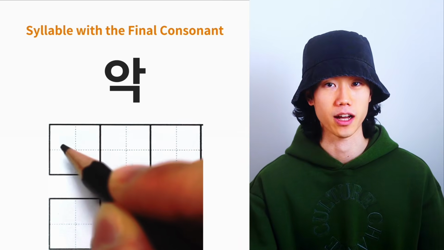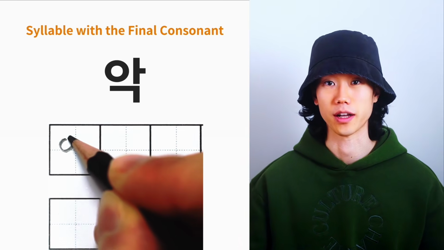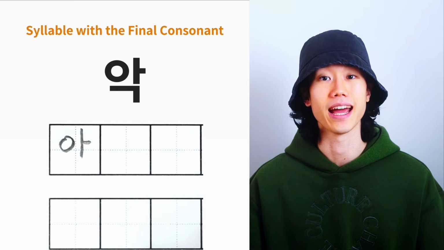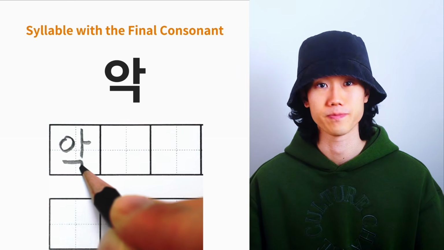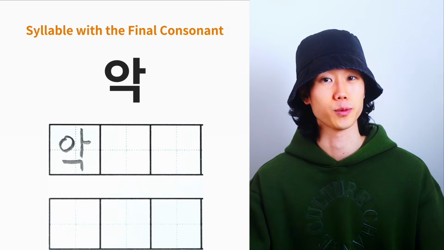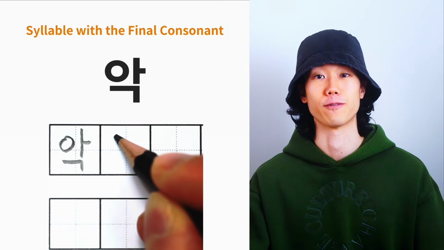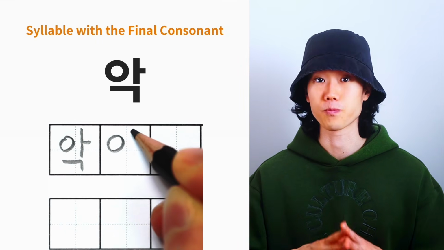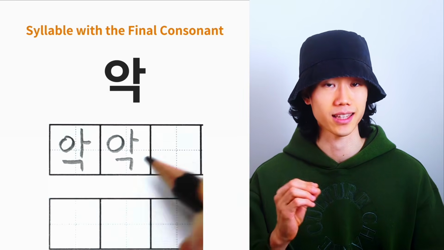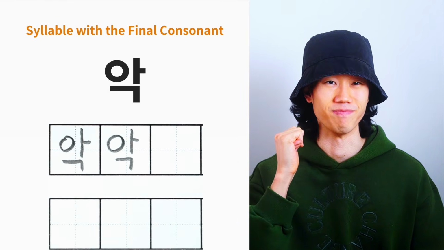So, write the beginning consonant first, circle consonant, and write the vowel, ah, and then add the final consonant. So, ak. For syllables with the final consonant, you need to write the final consonant below. When writing the beginning consonant and vowel, make sure to position them slightly higher, okay?